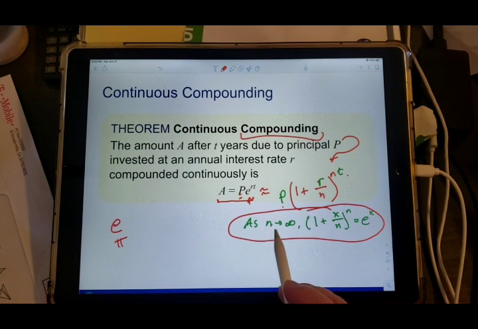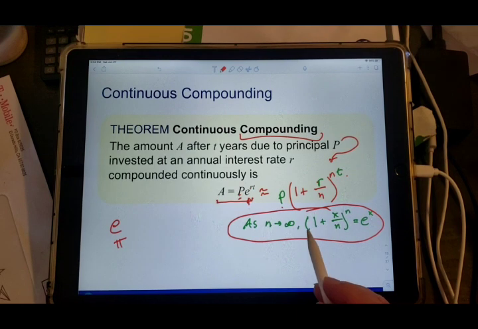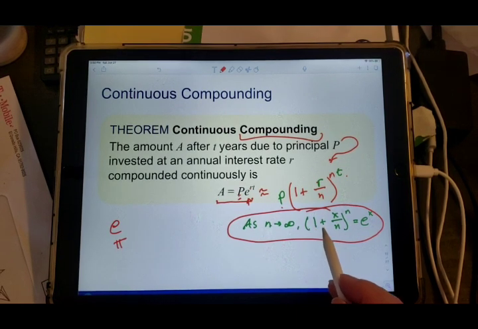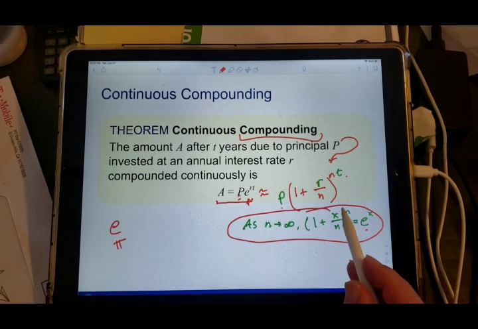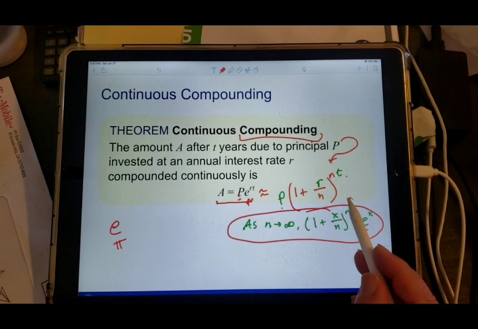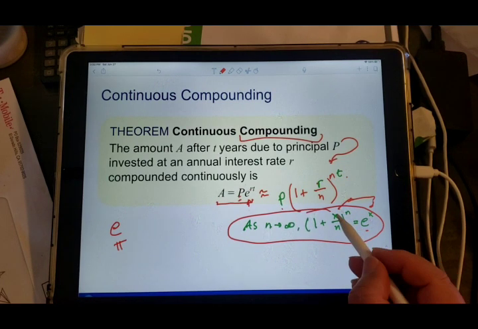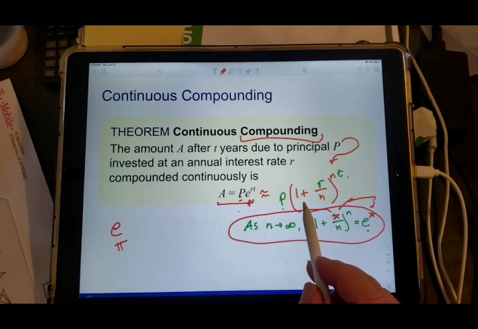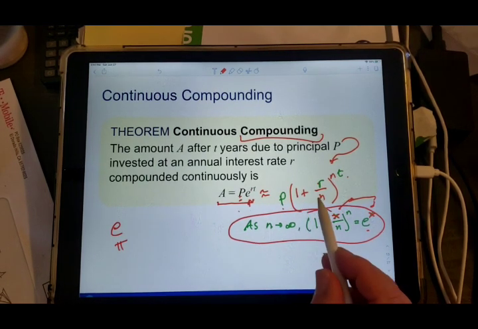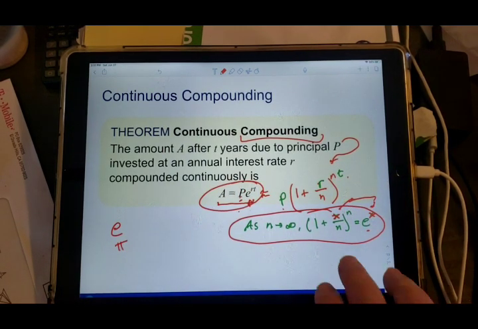As n approaches infinity, (1 + x/n)^n is equal to e^x. So all of this structure gets replaced, but the x gets carried out to each side. Now you don't need to know this, I'm just trying to make a connection between this formula and this formula. What happened is n got so big it maxed out of the formula, and we have this nice new formula.